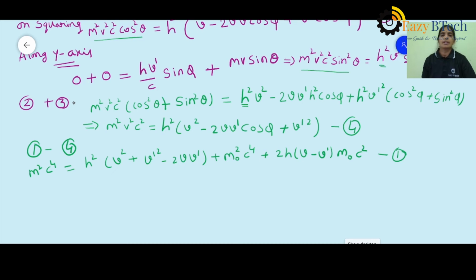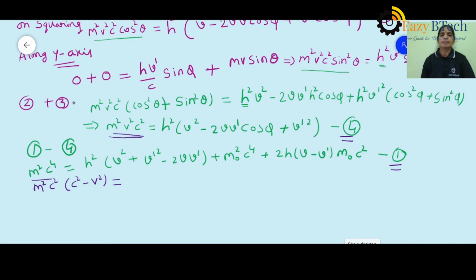Now subtract equation 4 from 1. So m square c power 4 minus m square v square c square. If we look at these two terms, we have m square c square as common. So let's take m square c square as common. Then I have c square minus v square.